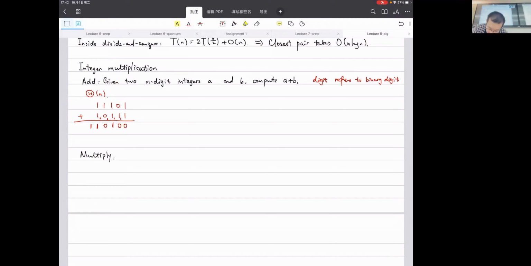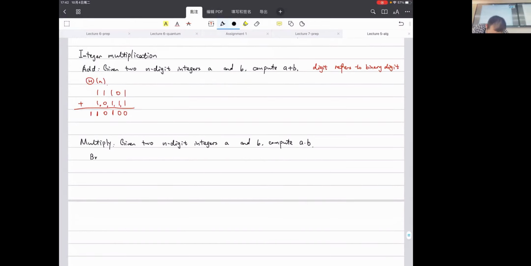Let me copy this part. So given two n-digit numbers a and b, let's compute a times b. In this case, you can probably see that the brute force way of doing this is going to cost n squared bit operations.